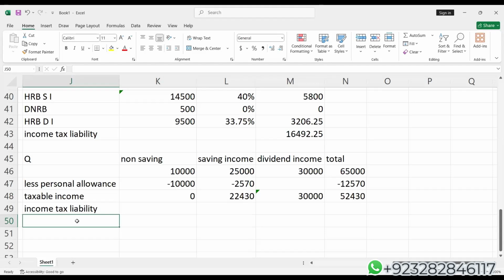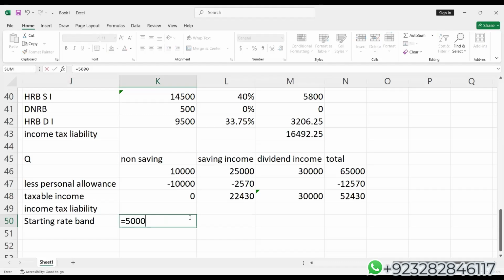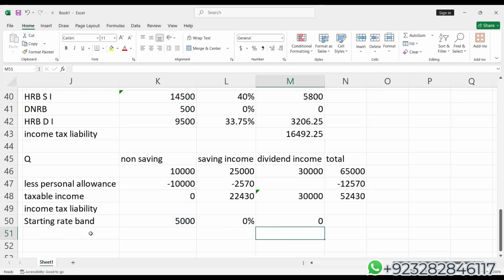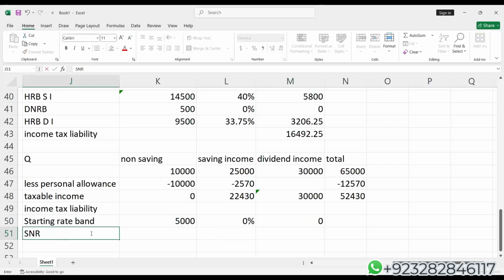So we will start from the starting rate band, £5,000. Obviously, the applicable rate is 0%. Now we have to check the saving income nil rate band.